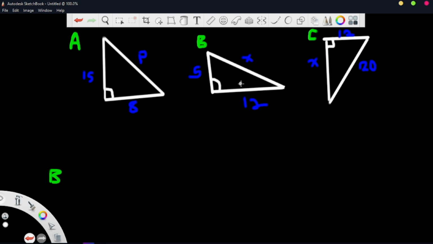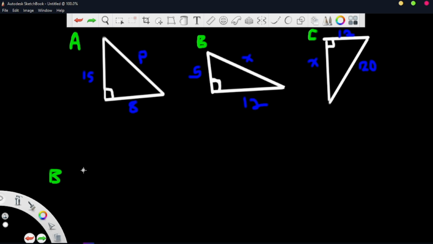And how do we know which one is the hypotenuse? Your hypotenuse is always opposite to your right angle. That's a rule you appreciate once looking at trigonometry, but right now it's just Pythagoras theorem. You have to know that your hypotenuse is always opposite to your 90-degree angle.